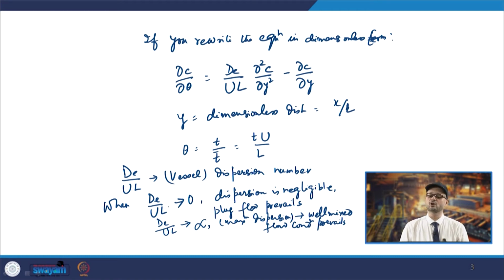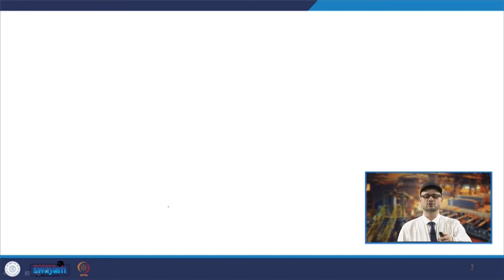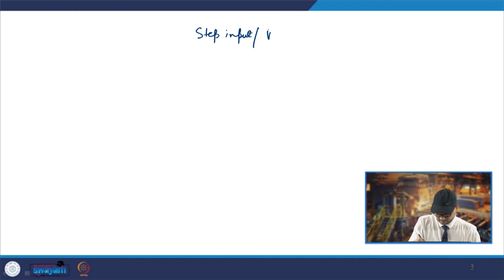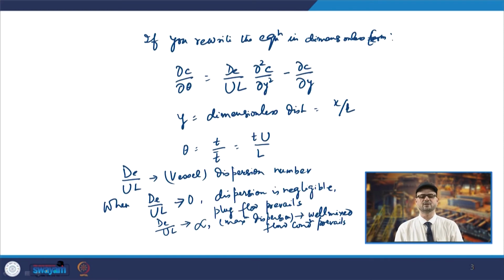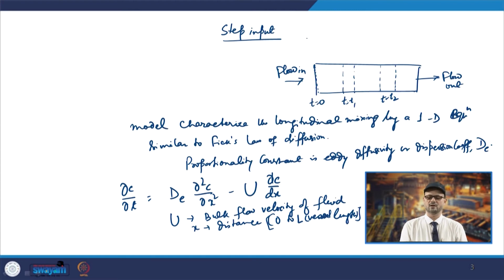So if you talk about the F curve, the step input, the equation which we have seen earlier was the concentration equation.